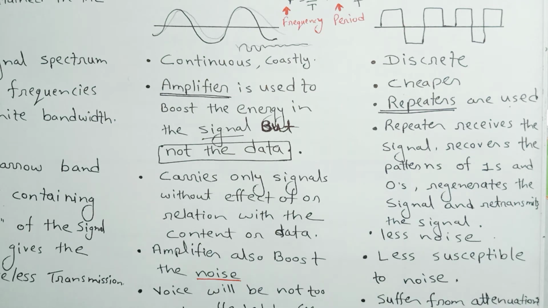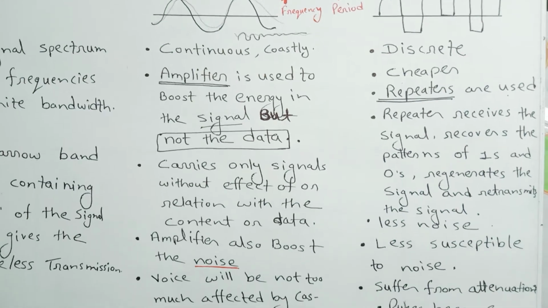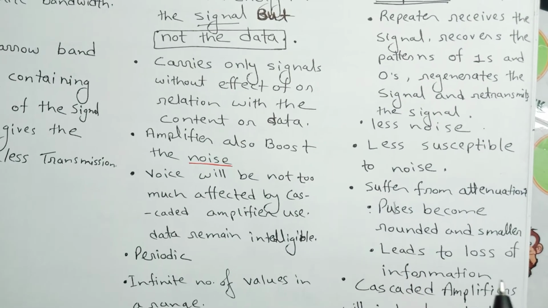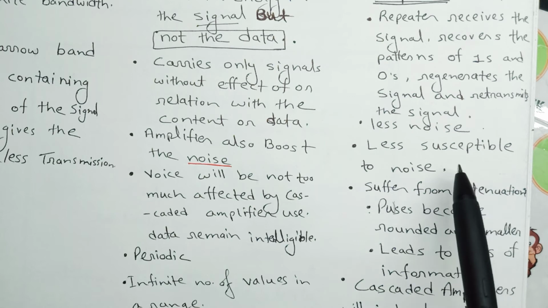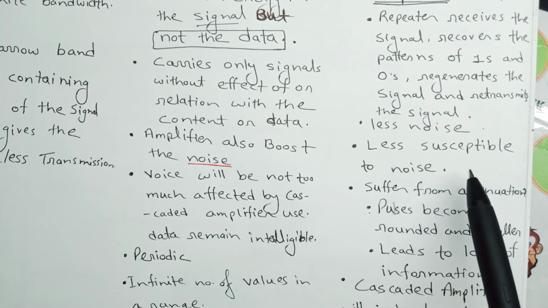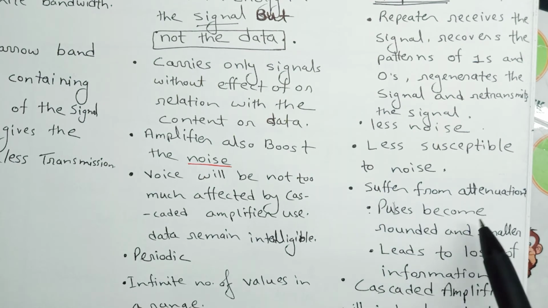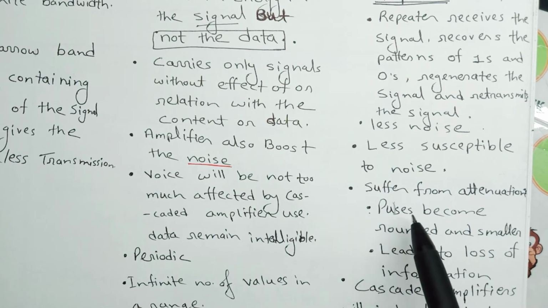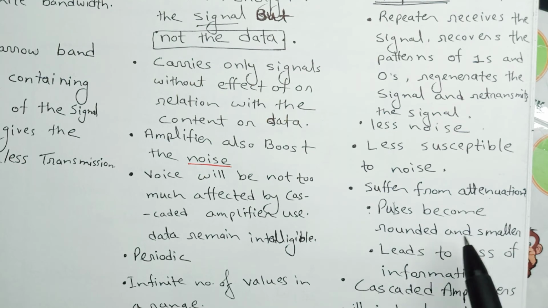Less noise. In digital there is less noise, less susceptible to noise. Analog will suffer from attenuation, and pulses become rounded and smaller, which leads to loss of information.